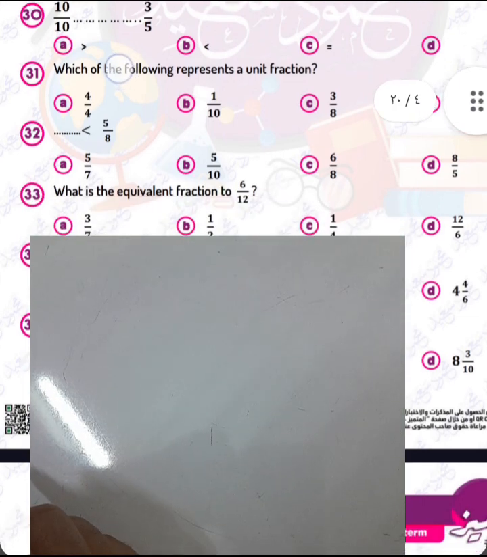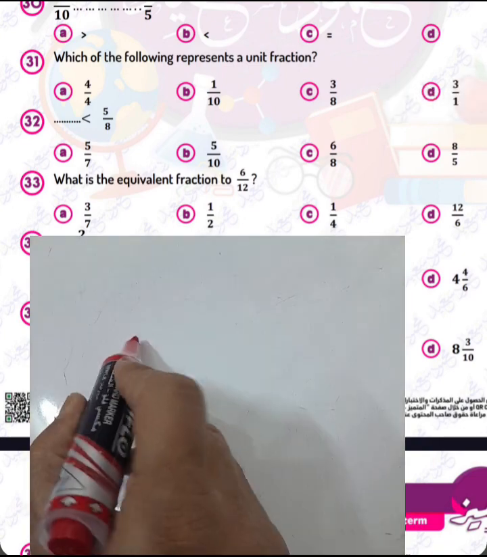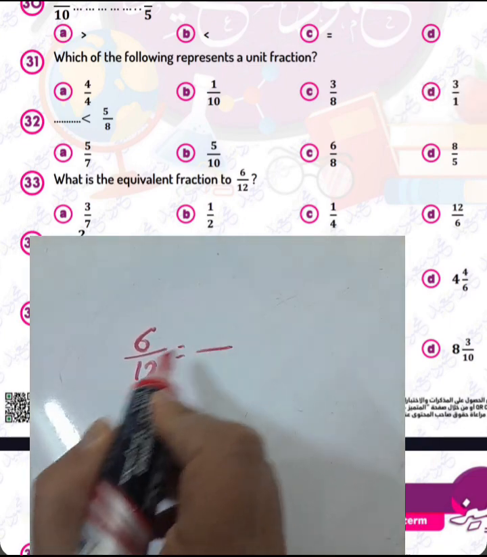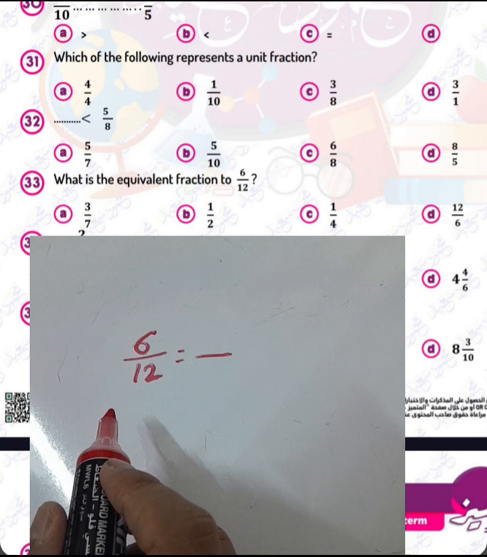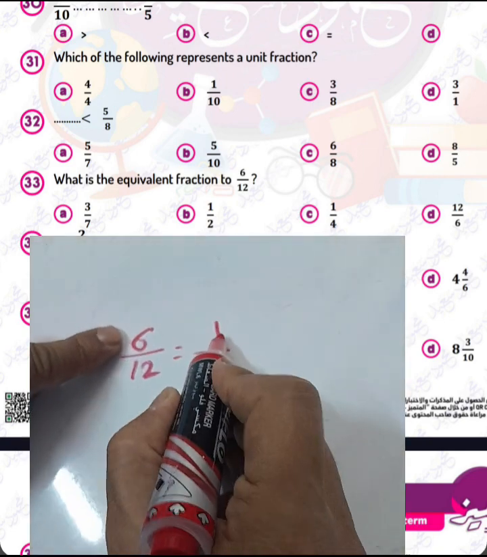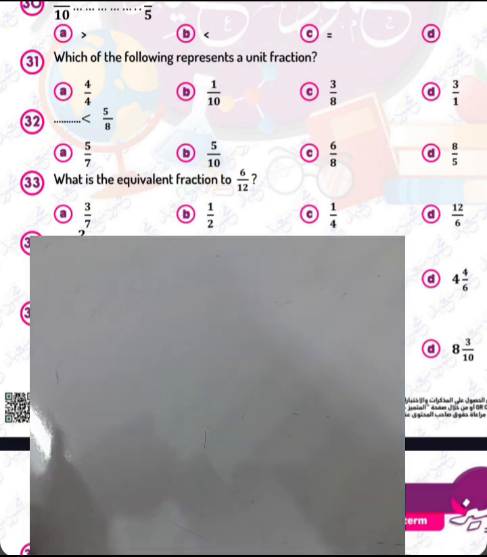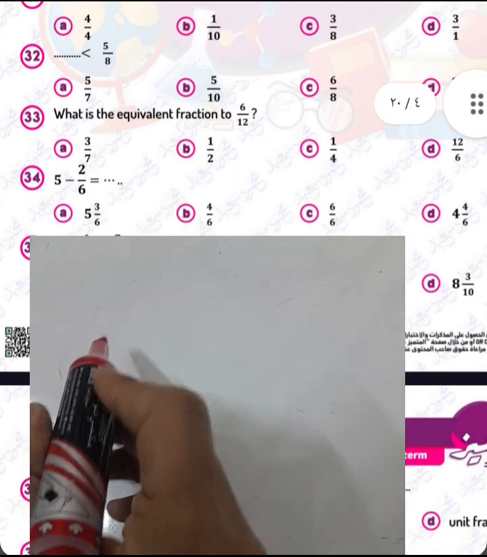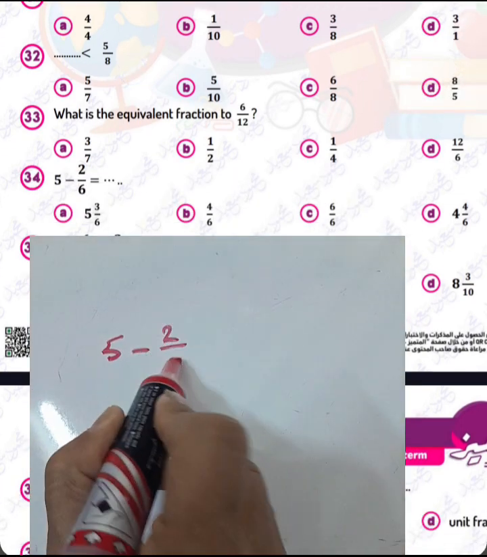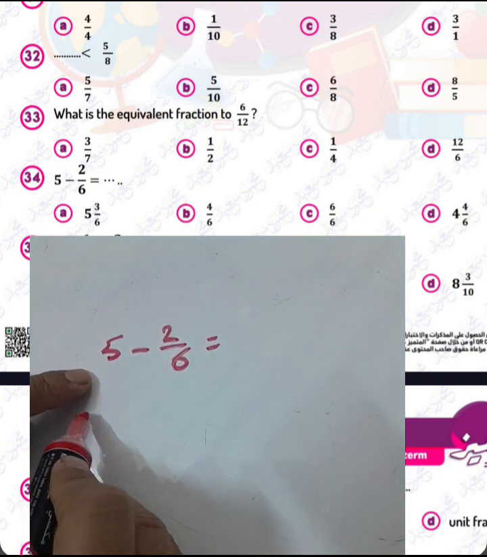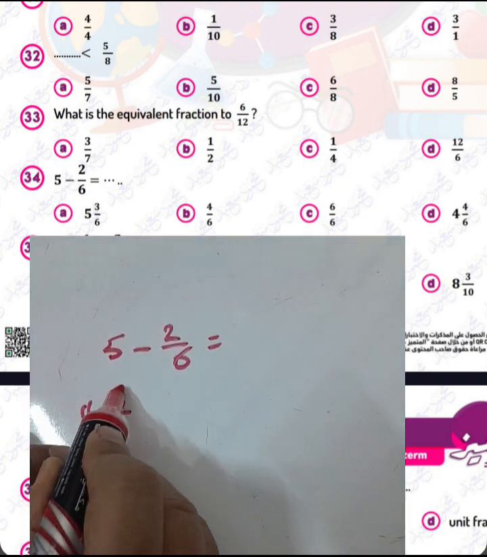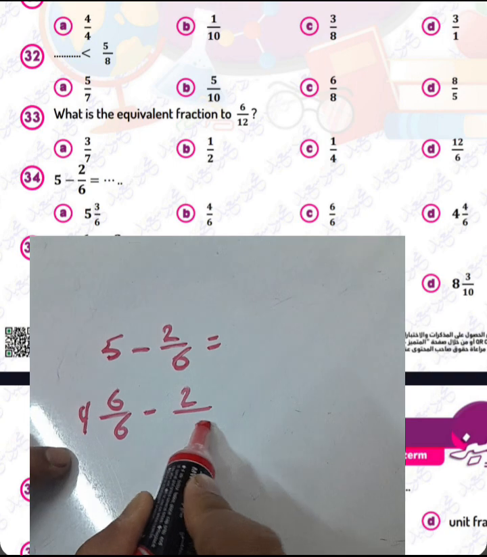Okay, what is the fraction equivalent to 6 over 12? We can simplify this by dividing by 6. 6 divided by 6 equals 1, 12 divided by 6 equals 2, then the result will be 1 over 2. We have 5 subtracted by 2 over 6. We can write 4 and 6 over 6 subtracted by 2 over 6.